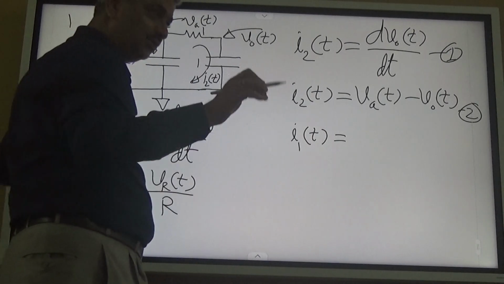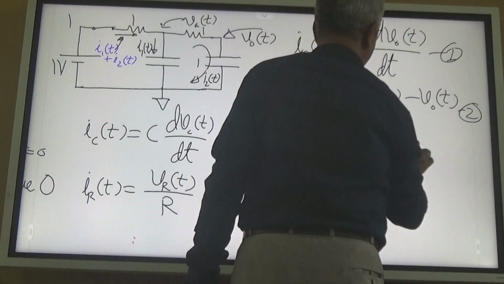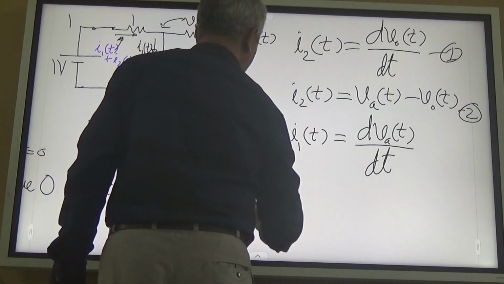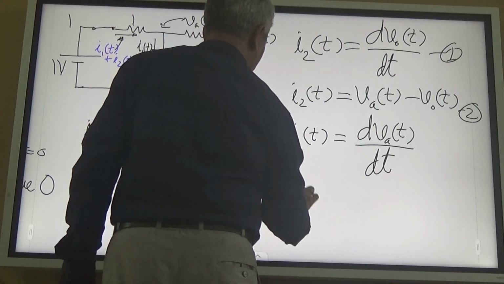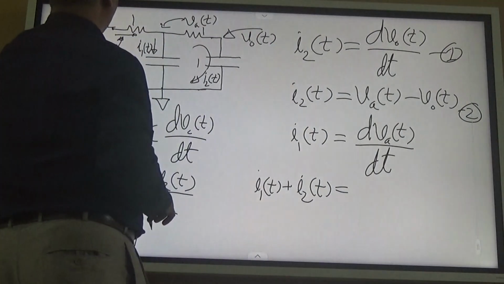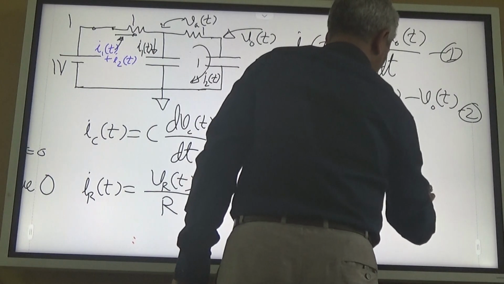C is 1, so it is dVAT by dt. And I1T plus I2T is equal to 1 minus VA, because the resistance is 1.